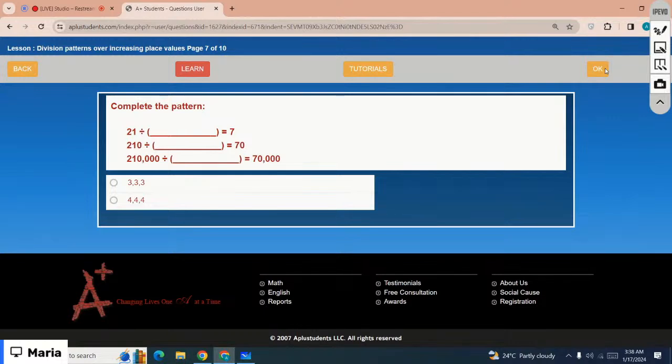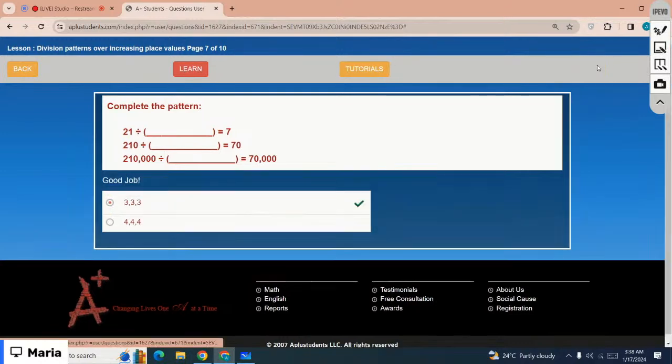That is 21 divided by 3 is 7. The correct option is option number 1, right?